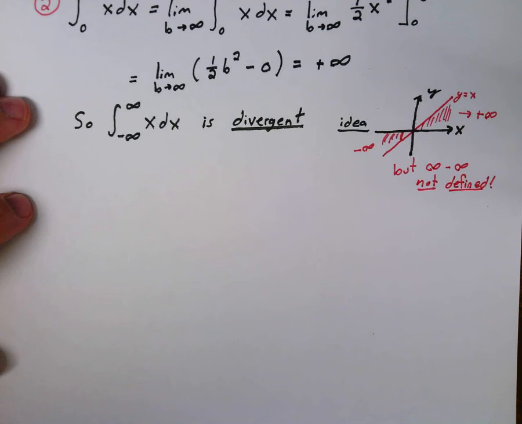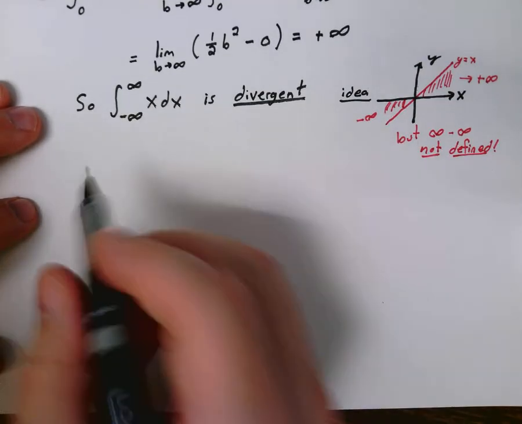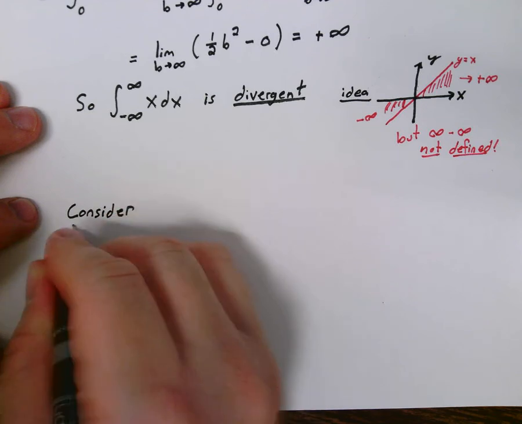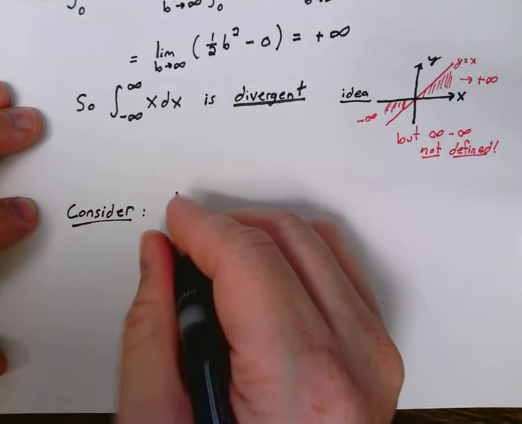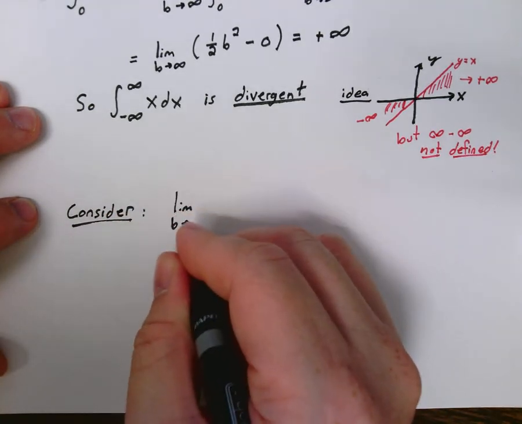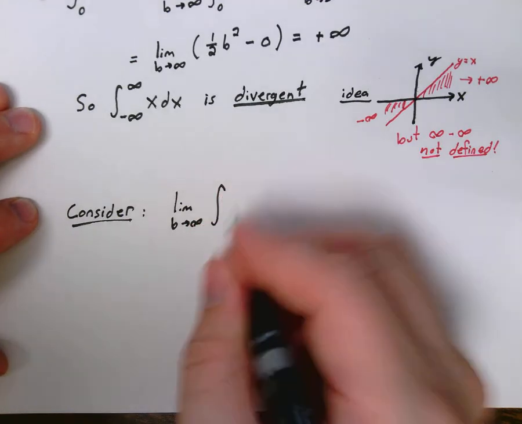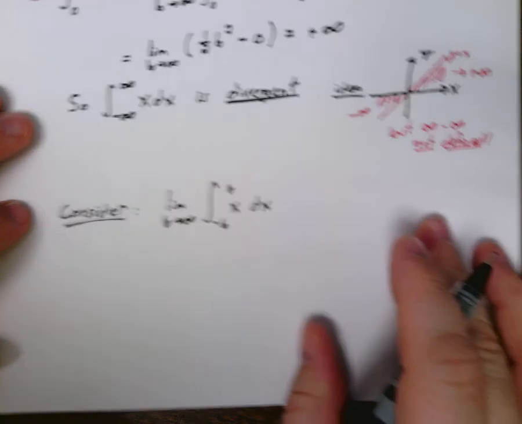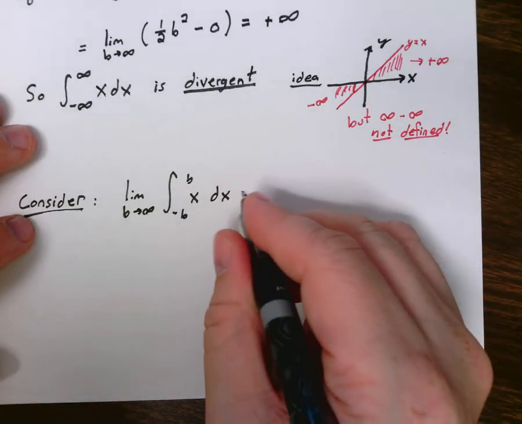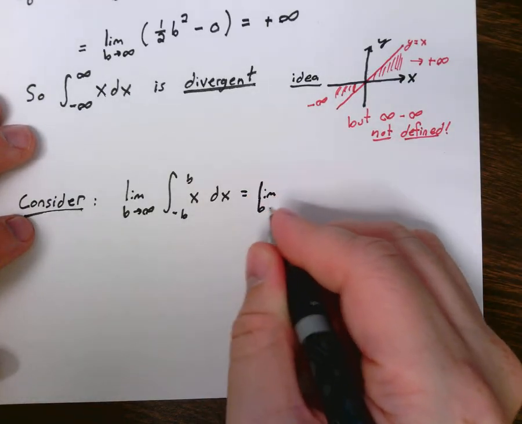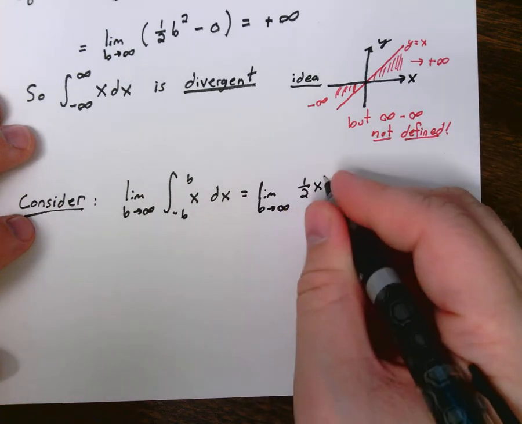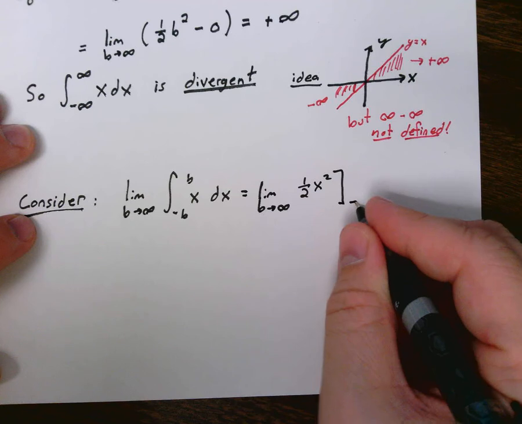Now let's consider this integral. If I consider the limit as b goes to infinity of the integral from negative b to b of x dx, that's going to be equal to the limit as b goes to infinity of 1/2 x squared from negative b to b.